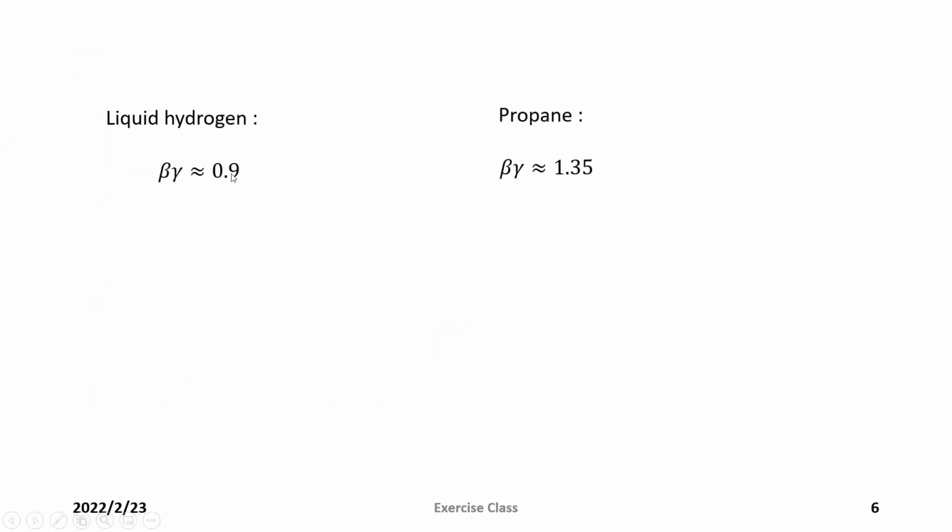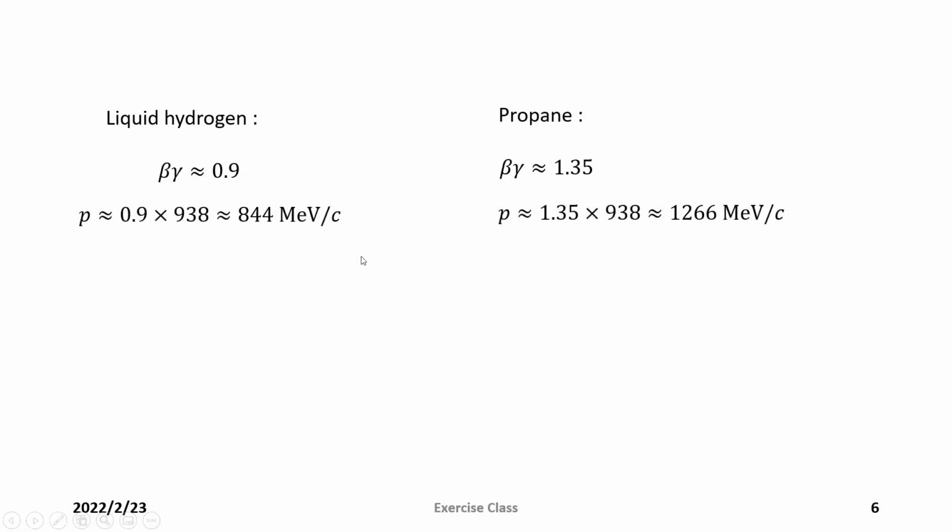So now we have got beta gamma for liquid hydrogen and propane, and so we can obtain the momentum of the proton. Beta gamma is just P over mc, so we can just multiply by the mass of the proton to get the momentum.